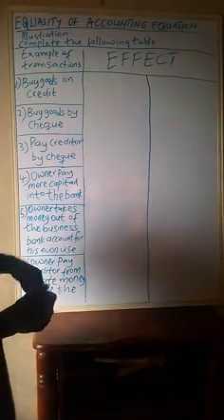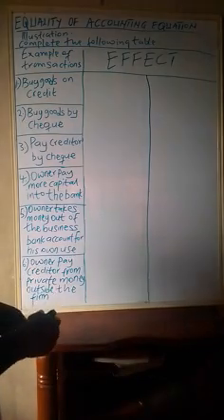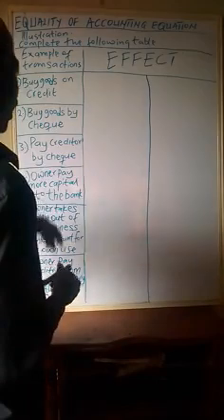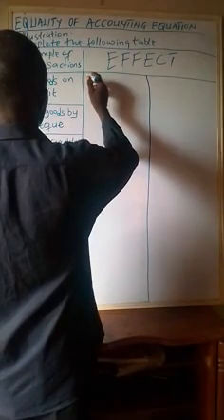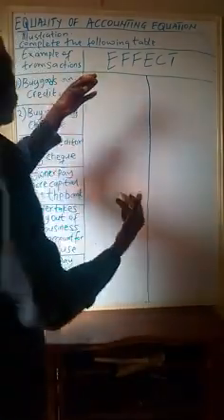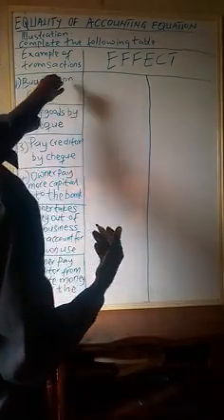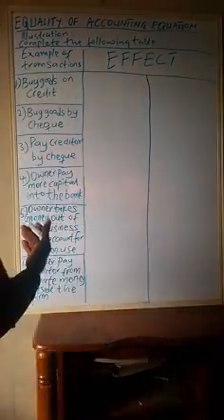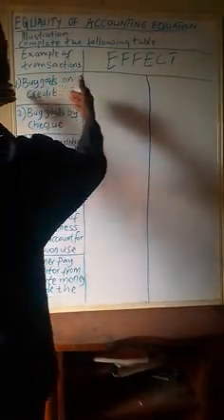In accounting, it is called goods, that is the stock of goods, and it is classified as what? As asset. So when you buy goods on credit, what is the effect in the balance sheet? The asset of stock has increased.